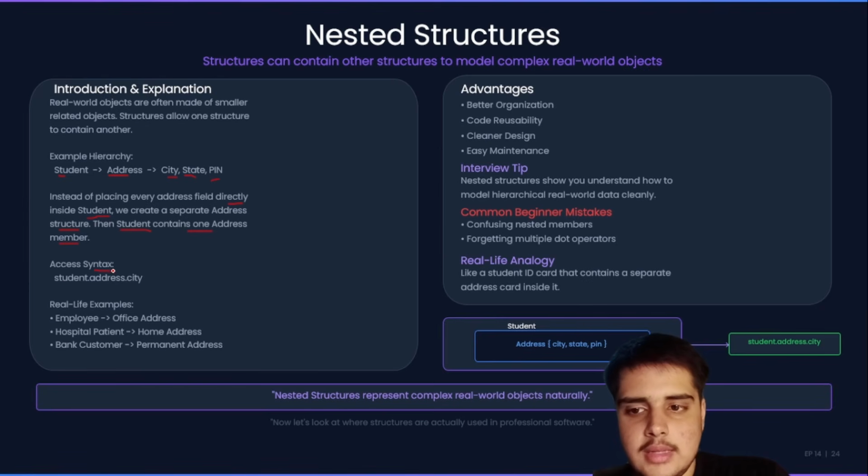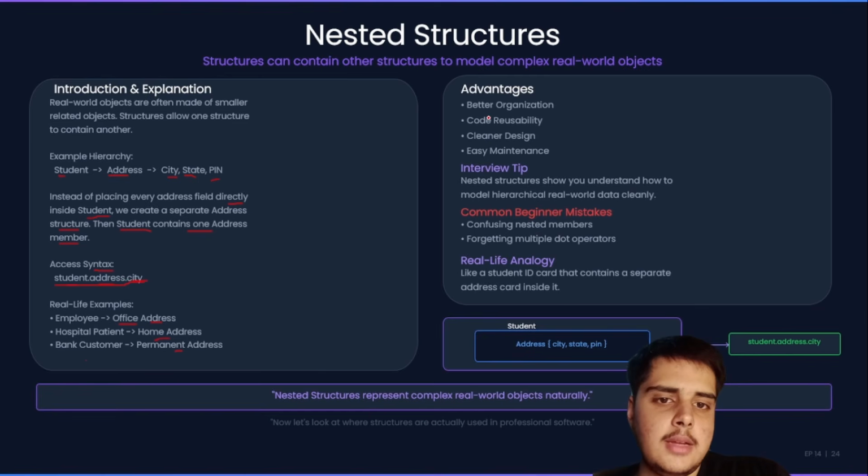So the access syntax is student.address.city. That's a very good thing to understand: in student.address.city, the outer one comes first. Examples: employee office address, hospital patient home address, bank customer permanent address. It has advantages like better organization, code reusability, cleaner design, and easy maintenance.